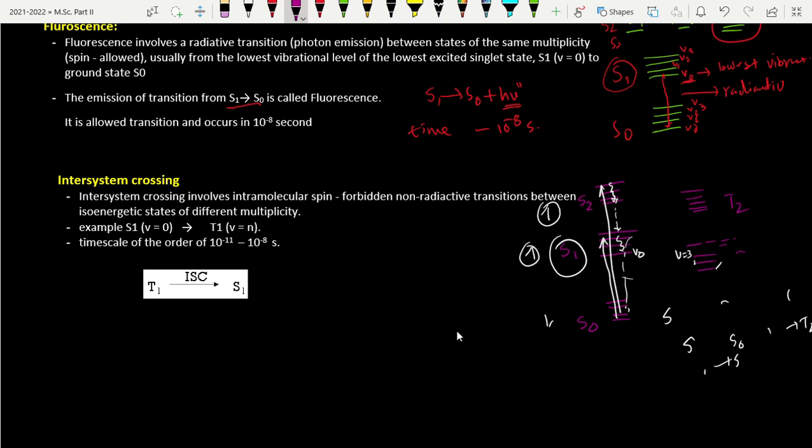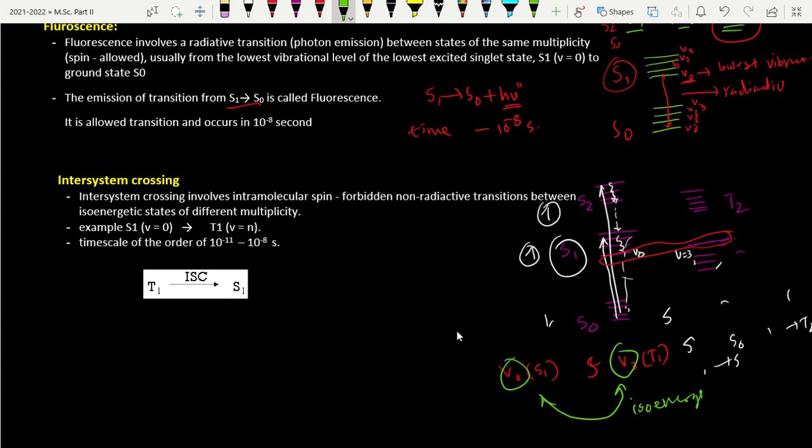You can see that these two energy levels are equivalent to each other. So V0 from S1 and V3 from T1, these two energy levels are equivalent, isoenergetic.